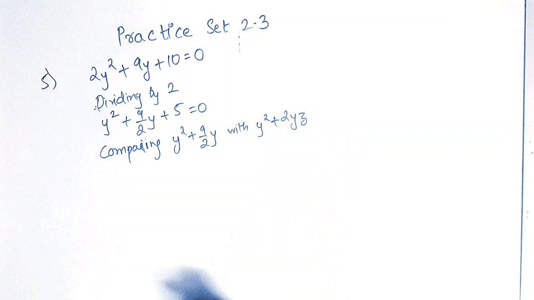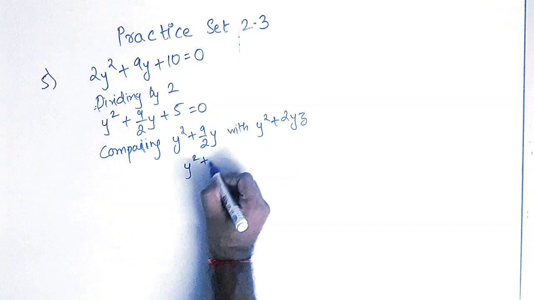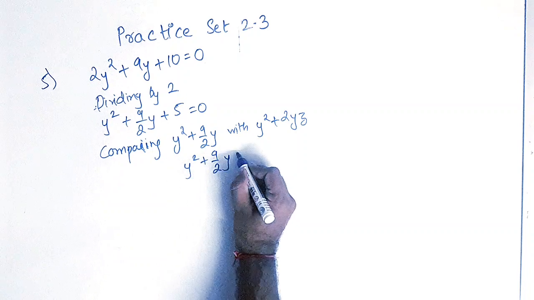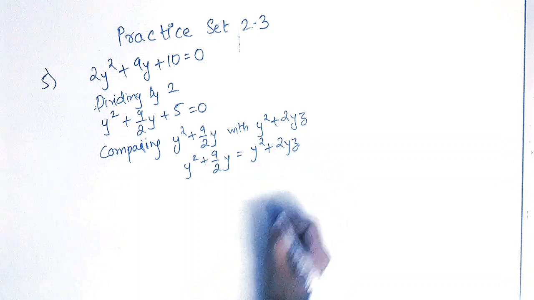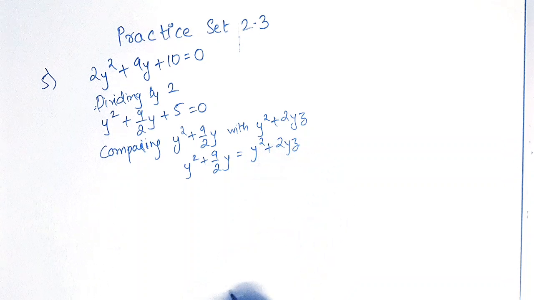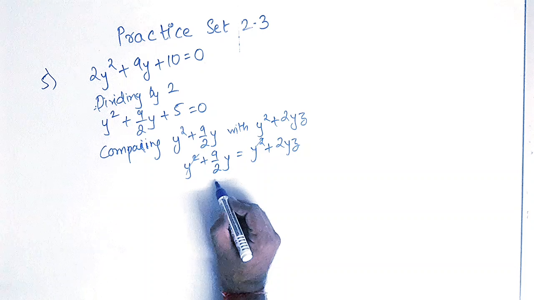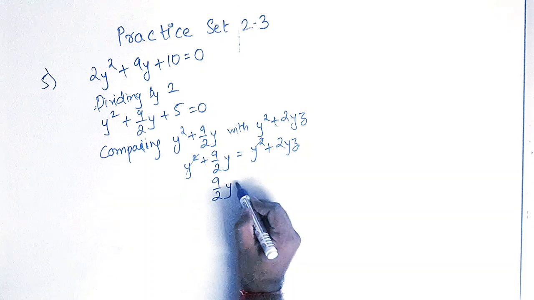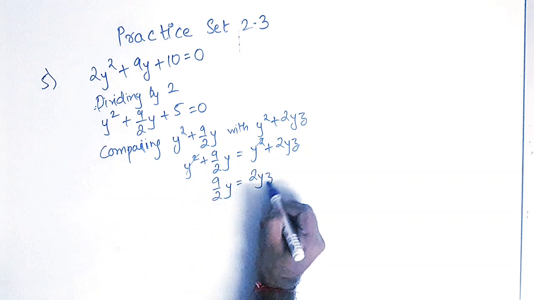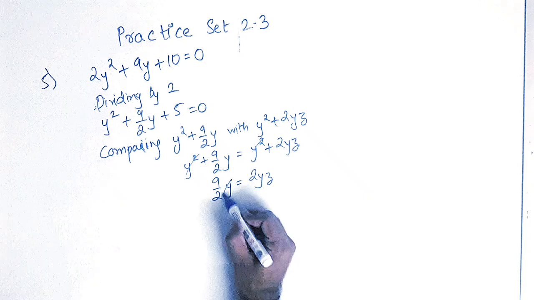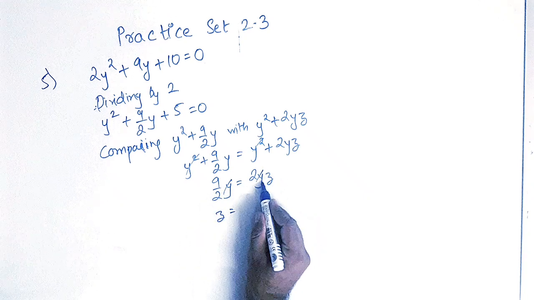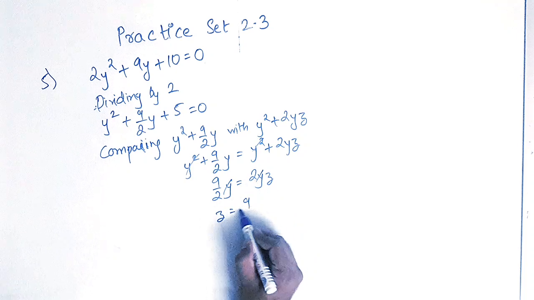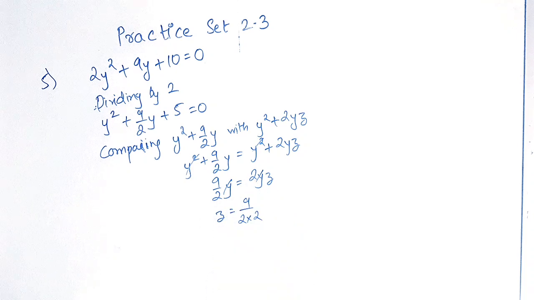So y square plus 9 upon 2y equals y square plus 2yz. You can see y square we can cancel. What remains is 9 upon 2y equals 2yz. Again you can cancel y and y. What remains is 2z, so 2 I'll send here, it will be in the denominator.